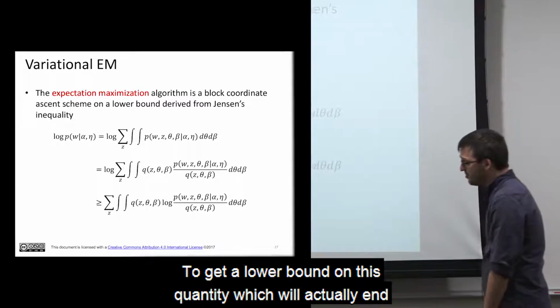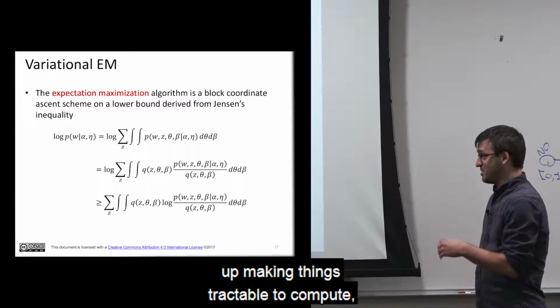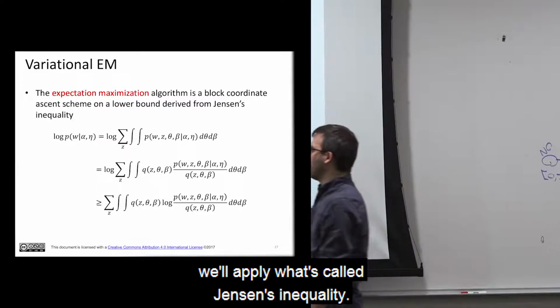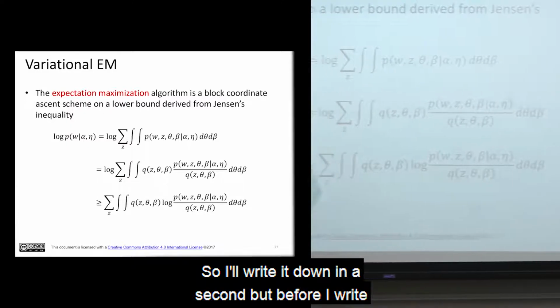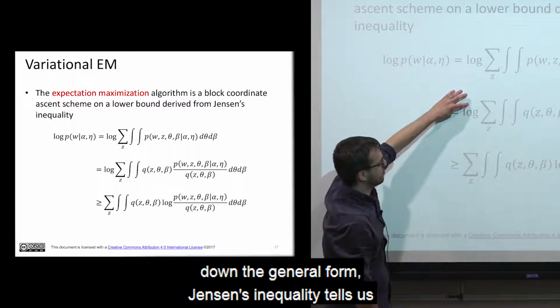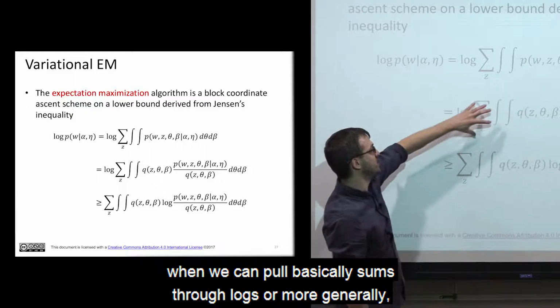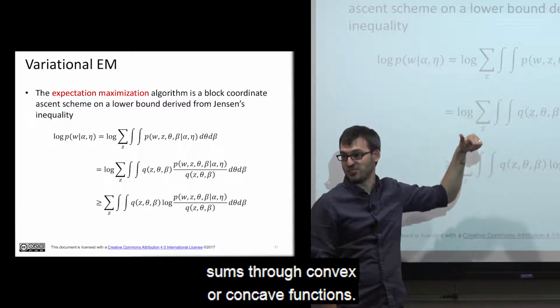Okay. To get a lower bound on this quantity, which will actually end up making things tractable to compute, after one additional assumption, we'll apply what's called Jensen's inequality. I'll write it down in a second, but before I write down the general form, Jensen's inequality tells us when we can pull sums through logs, or more generally, sums through convex or concave functions.